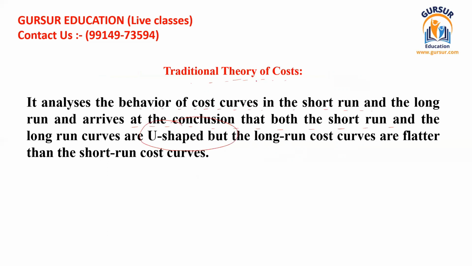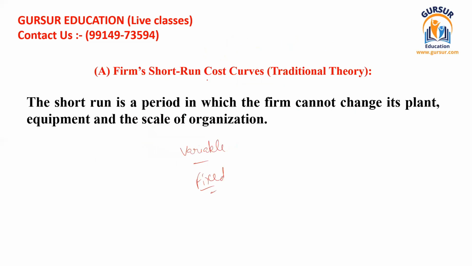So the traditional theory of cost makes the conclusion that any kind of cost curve is a U-shaped curve, whether this is average cost, total cost, or marginal cost. These cost curves are U-shaped in case of the traditional theory. The definition of short run you already know.